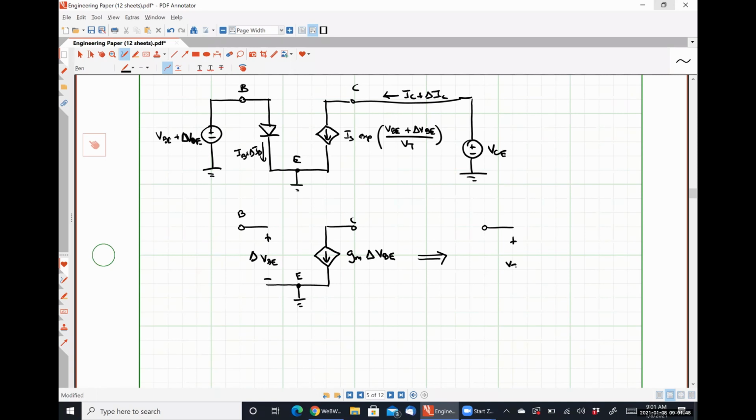So we have V pi, and this then becomes GM V pi. Again, I don't know why it's called V pi, but it is. So V pi, just to be clear here, is the exact same thing as delta VBE.